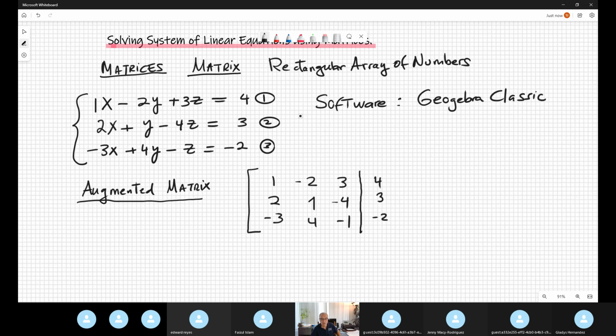This is called an augmented matrix because it's a combination of the coefficients in front of each variable and the right-hand side numbers, which have no variable. You need to keep in mind that this is the x column, y column, and z column, and this is the right-hand side numbers.